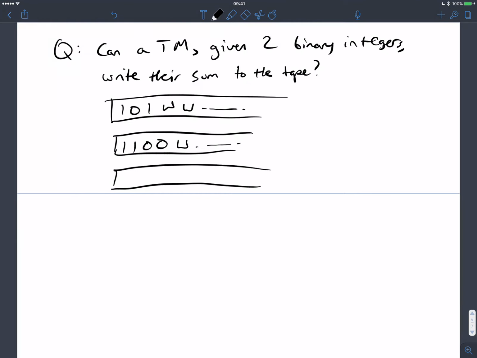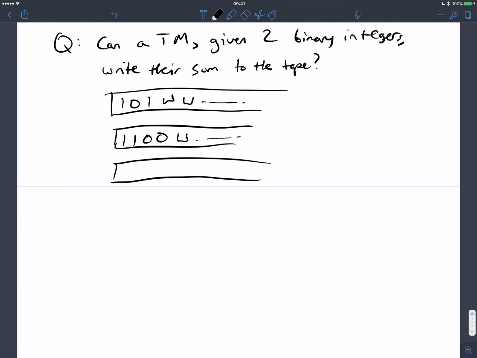So we have fast computers, and there are much better ways of doing this, but is there an easy way for a Turing machine to compute the sum of these numbers? Yeah, so I'm going to modify the second number for a brief moment, and then I'll turn it back. What if I was given this?